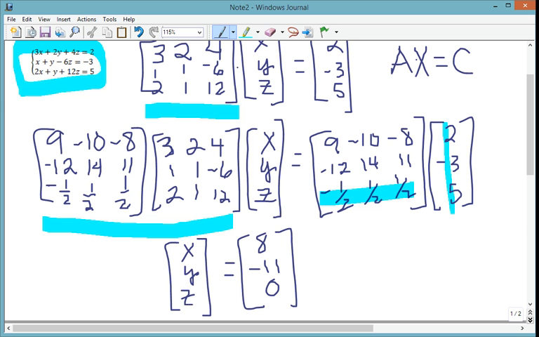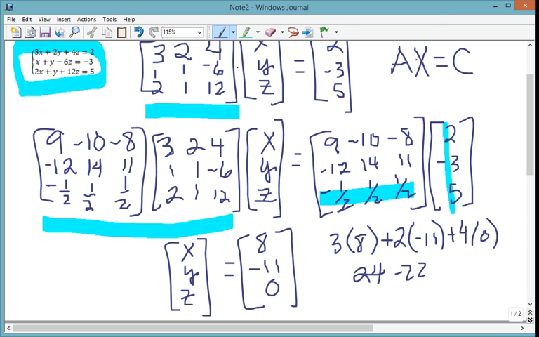So we might have 3 times 8 plus 2 times negative 11 plus 4 times 0. We got 24 minus 22 and 0 is equal to 2. And sure enough, we had a 2 right there, right?